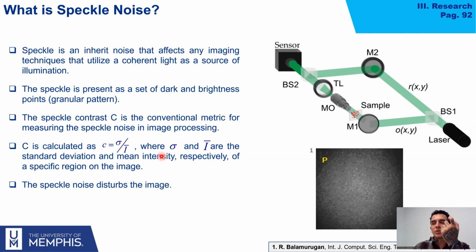There is a conventional metric to quantify the speckle noise, named the speckle contrast. The speckle contrast is calculated as the standard deviation divided by the mean intensity in a region of interest, a specific region of the image, of course. The problem with speckle is that the noise distorts the information in the image, the quality, the dynamic range.